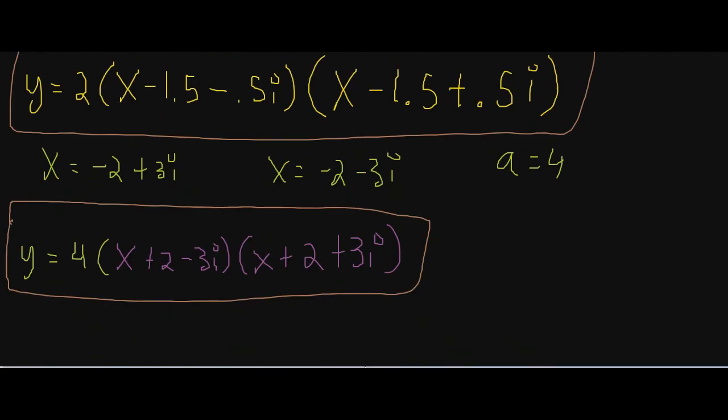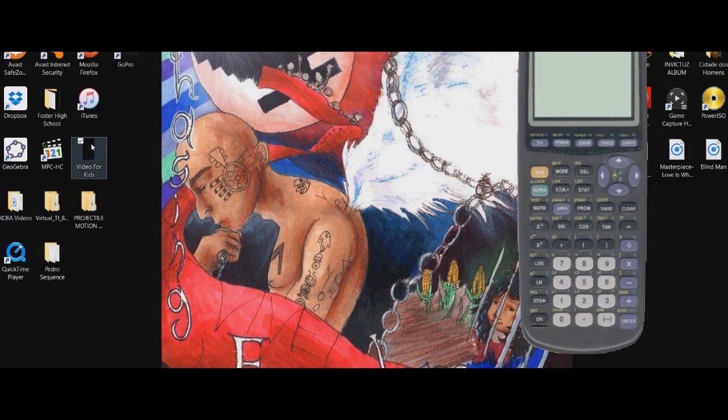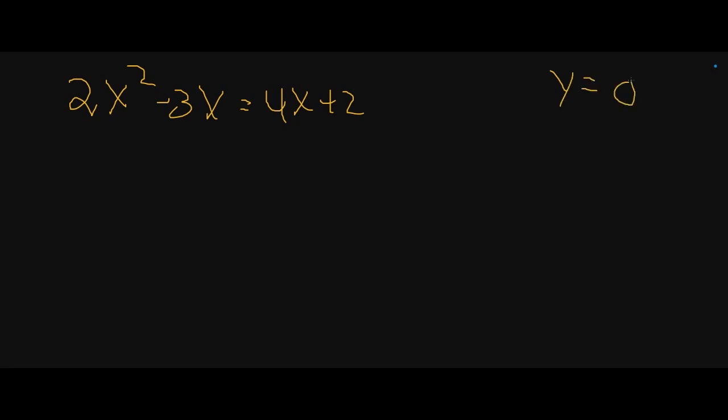One last thing I'll mention before we proceed with this problem: sometimes you get problems like this, 2x squared minus 3x is equal to 4x plus 2. Whenever we see problems like this, like you'll see on the packet, we want our y value to be 0. It doesn't matter whether 0 is over here or on this side.